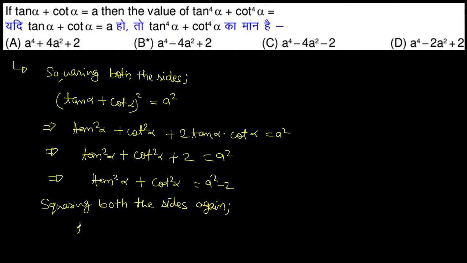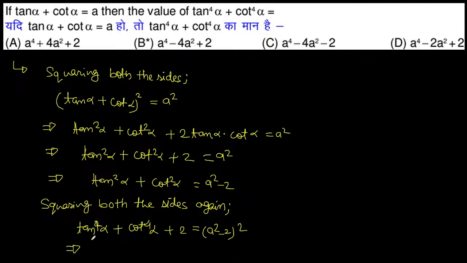We'll get tan to the power of 4 alpha plus cot to the power of 4 alpha plus 2 tan square alpha into cot square alpha, which is this. We have a square minus 2 whole square.